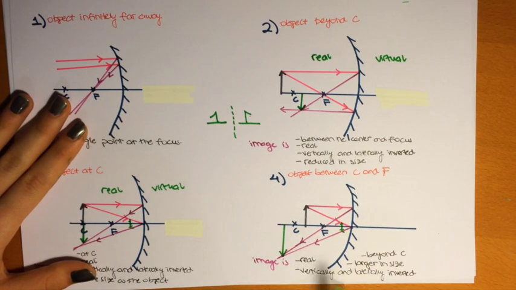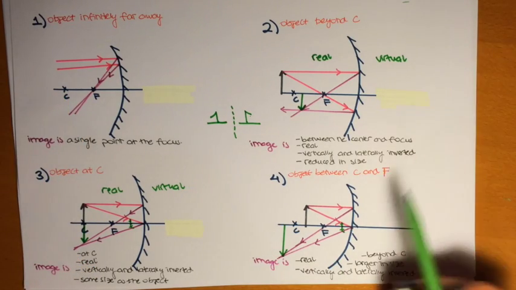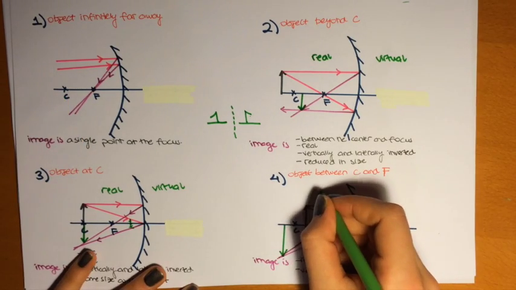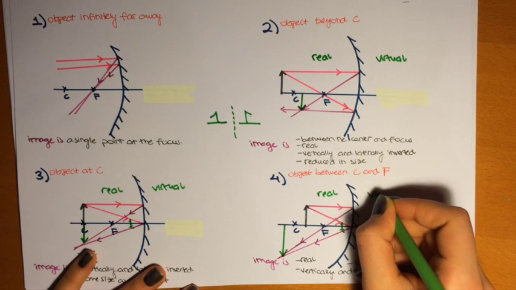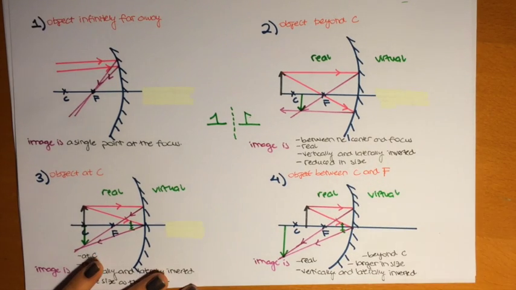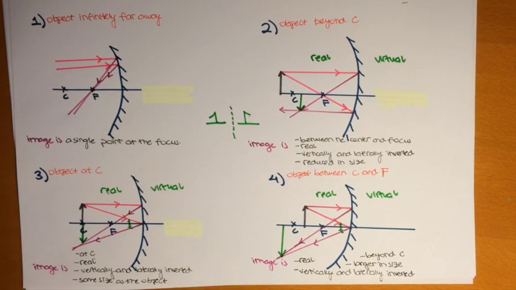So these lines coincide at this point that is beyond C. It's real because it's upside down and it's on the same side. It's vertically and laterally inverted, and it is larger in size. So these were my 4 special cases for a concave mirror.